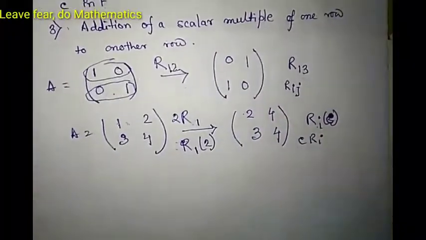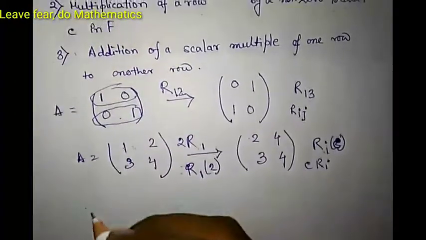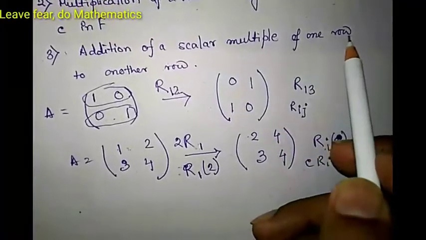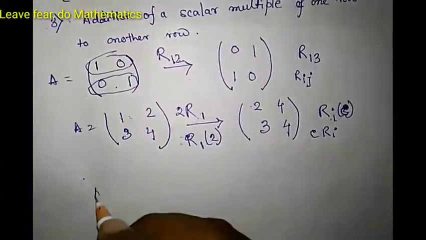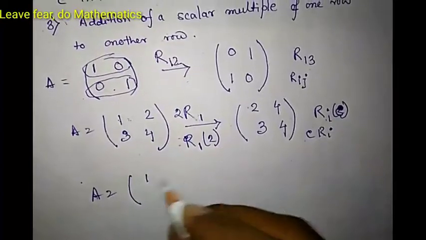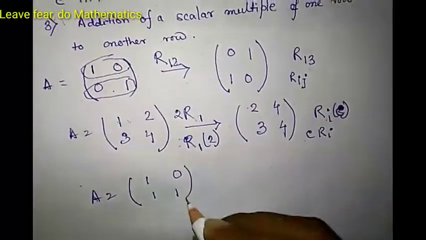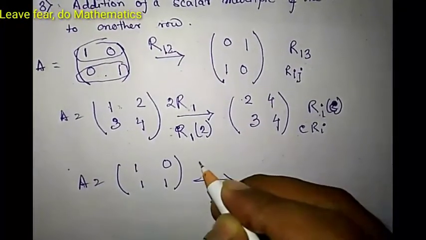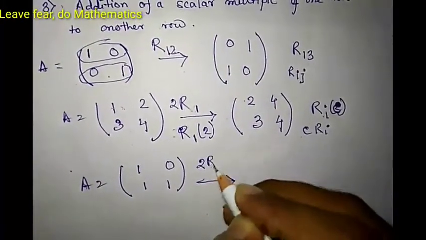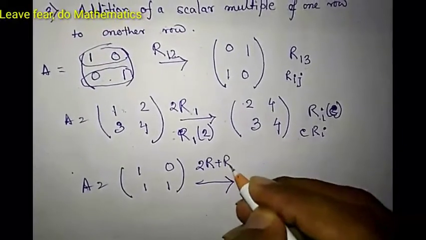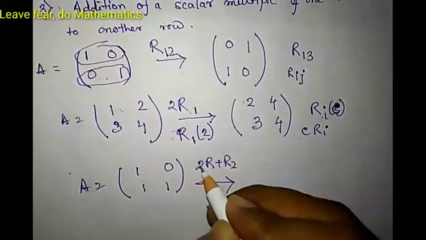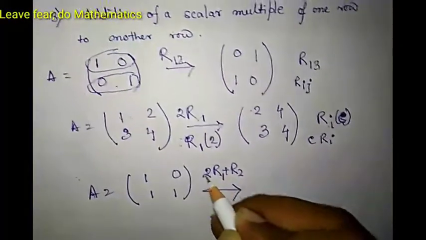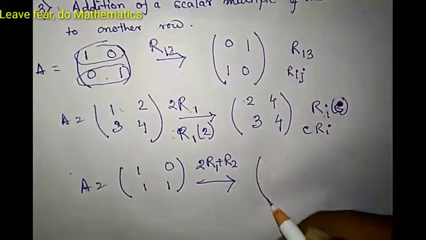Now let us understand the third operation, that is addition of a scalar multiple of one row to another row. Let us take the matrix 1 2 0 1, or as in the example, 1 0 1 1. Now we multiply the first row by 2, that is 2R1, and add it to the second row.